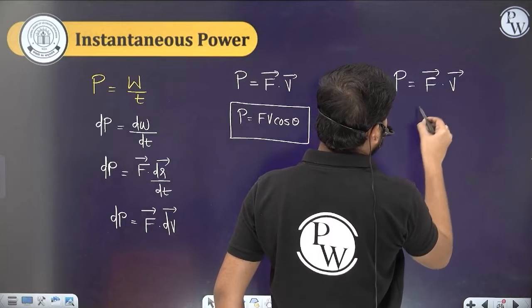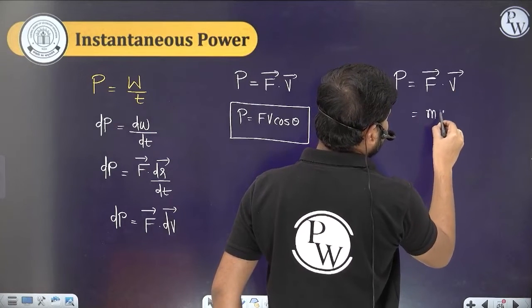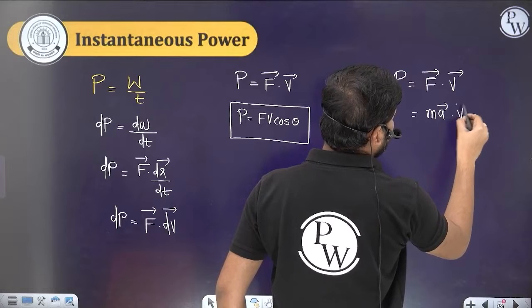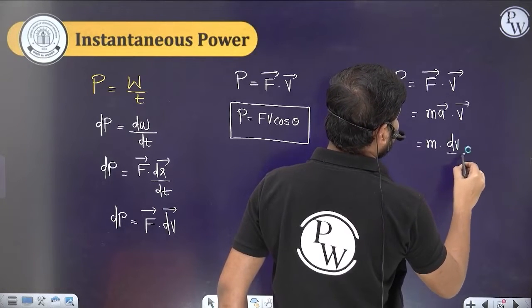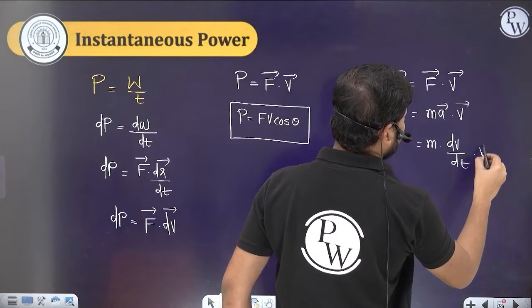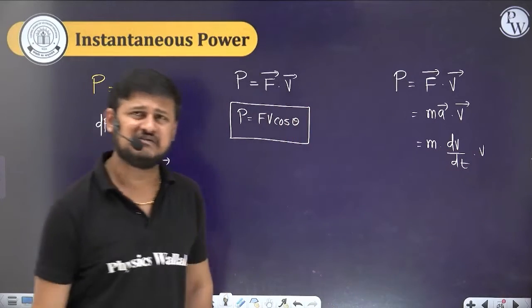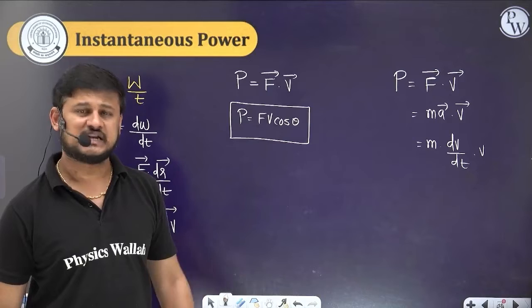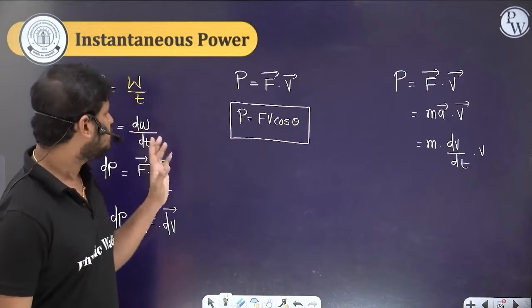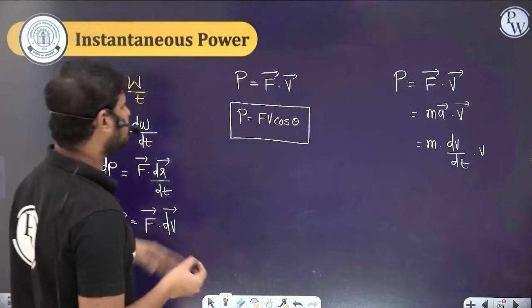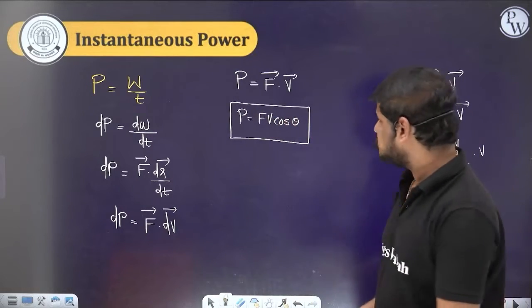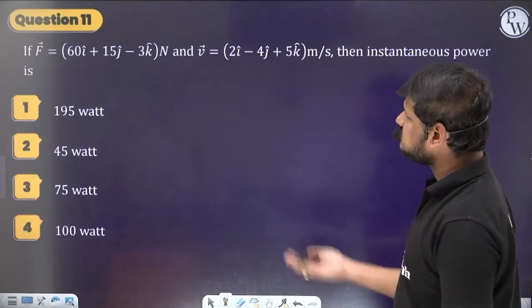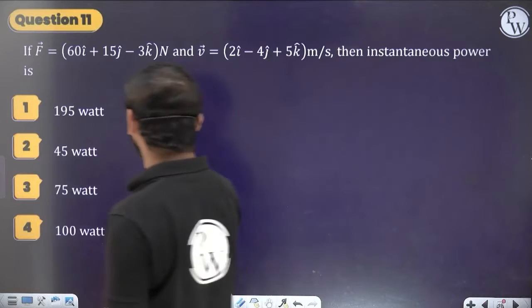Here you can write F is equal to ma, so into v, or you can also write m into dv by dt into v, since a is nothing but dv by dt. So in a number of ways we can write that. Clear, guys? This is the instantaneous power, which is F dot v. Understood the concept? Chalo. Now let's go for the simple question. What does the question say here?